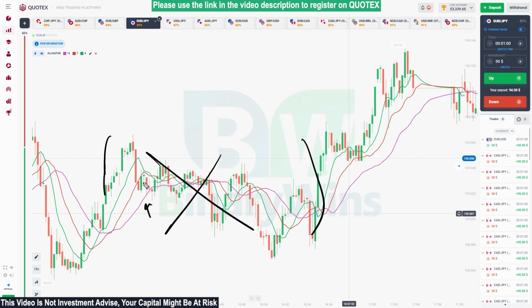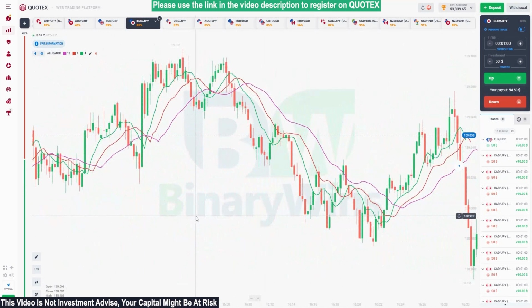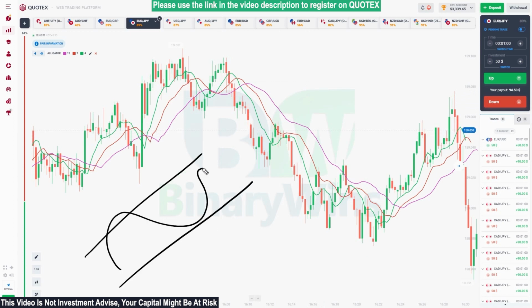Whenever the 3 indicator lines are tied together, that is, they cut each other in this way, we do not trade. So, this strategy is only done in uptrends or downtrends.